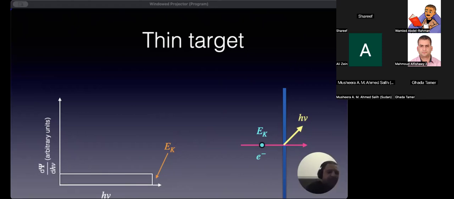So this is basically the assumption. I think it's also by Duane and Hunt that the energy fluence for photons produced in this thin target is a constant value. This is how it looks. This does not mean that we will have a constant number of photons. It doesn't mean that we're going to have one photon with energy 100 keV and one photon with energy 1 keV.